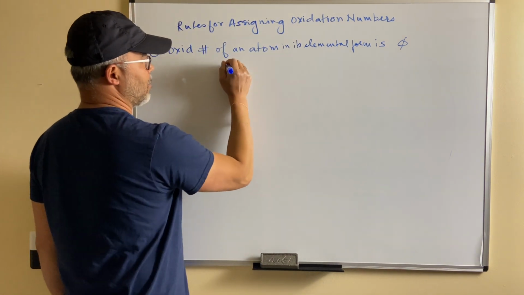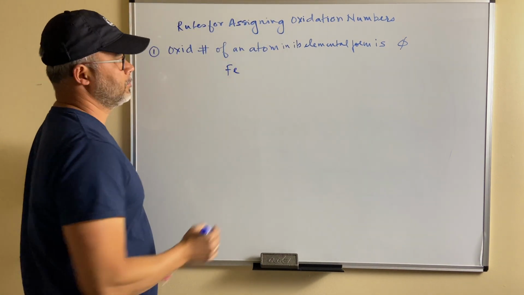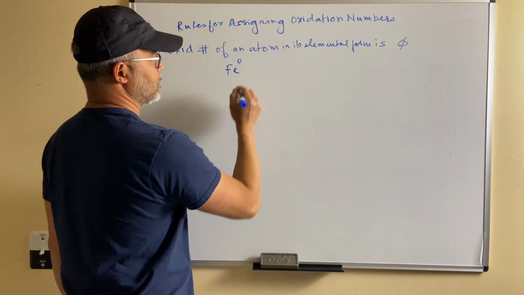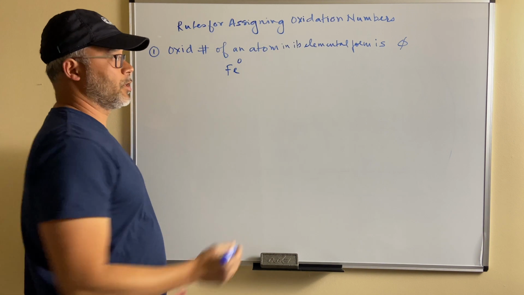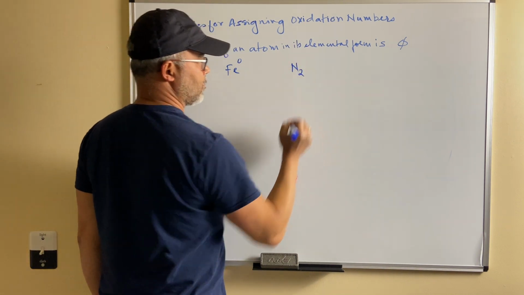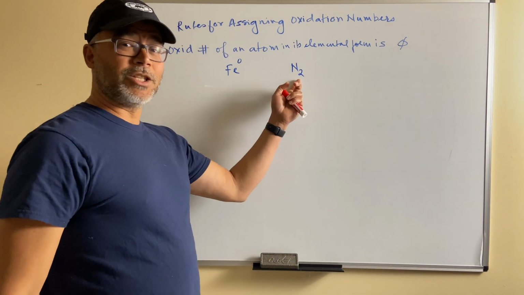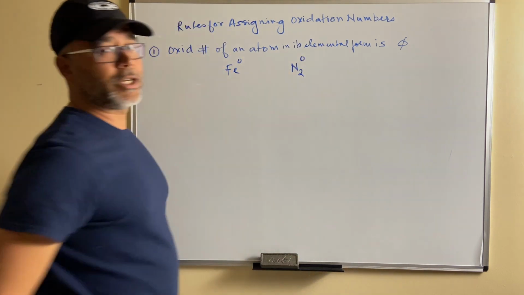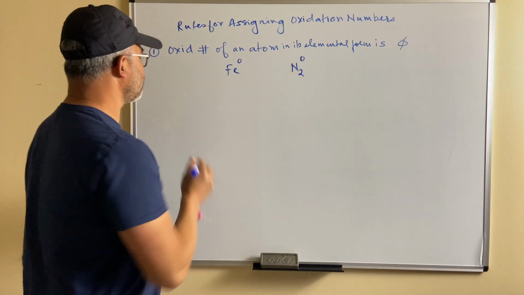Take for example iron, the oxidation number here is going to be 0. What about nitrogen? Nitrogen is a diatomic molecule. That's the elemental form. Again, the oxidation number is going to be 0.